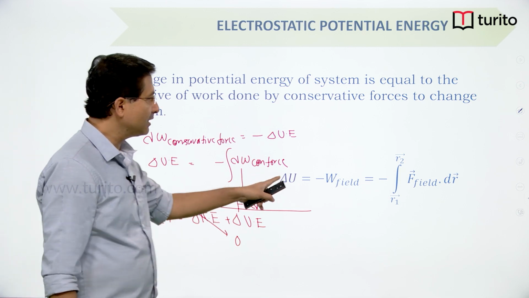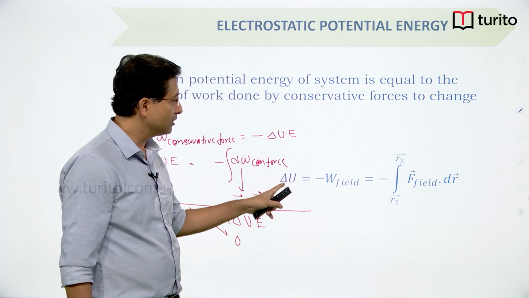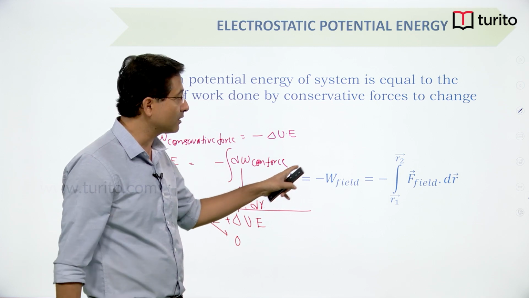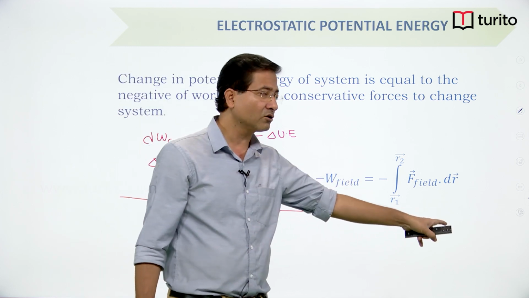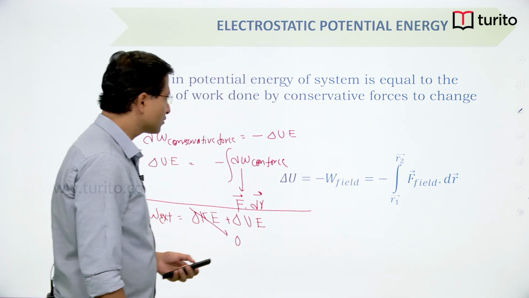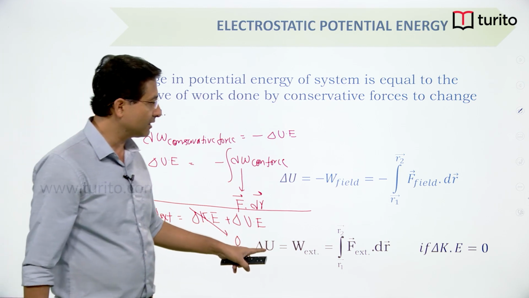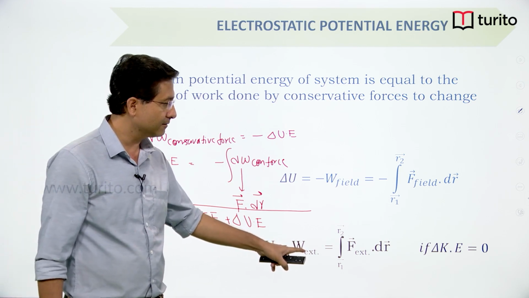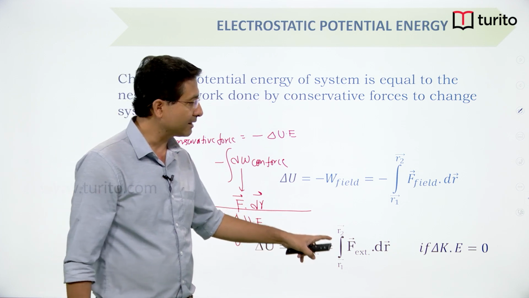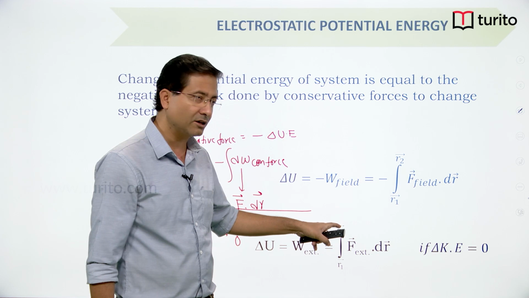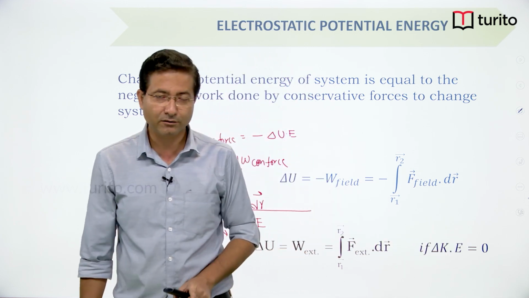So, change in potential energy can also be written as work done by external agent to move particles from one location to another, provided there is no change in kinetic energy of the system.